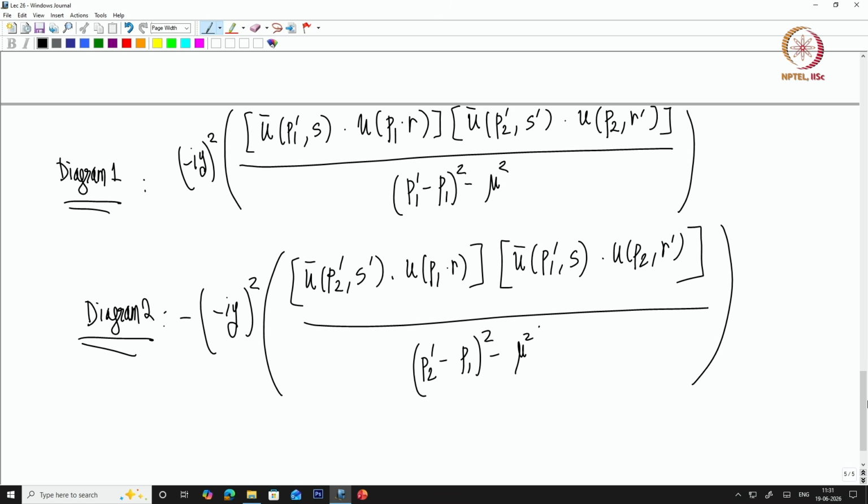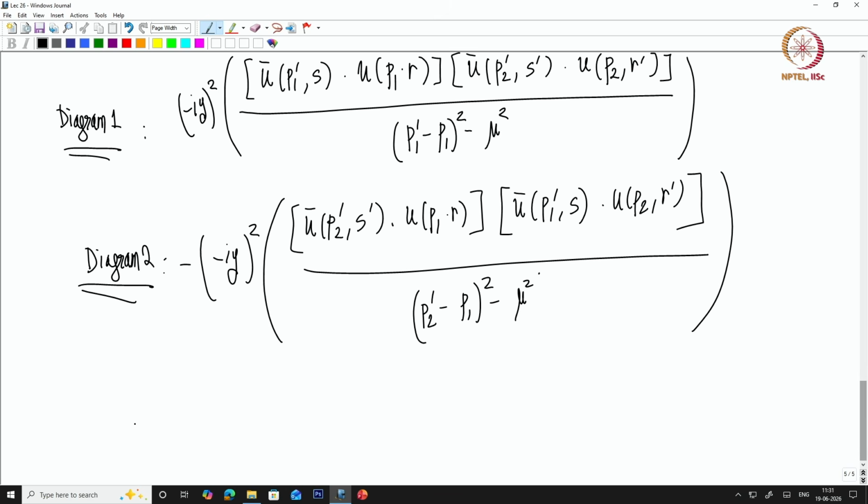So, the total amplitude is diagram 1 plus diagram 2.